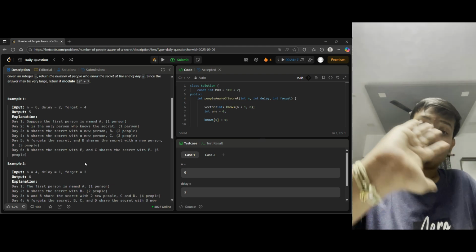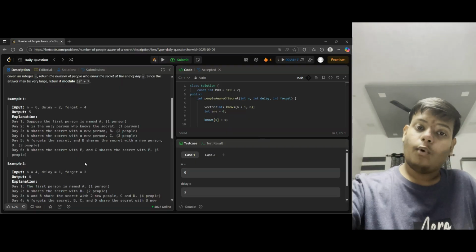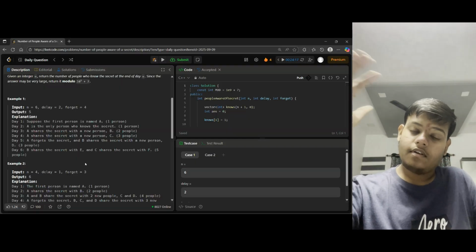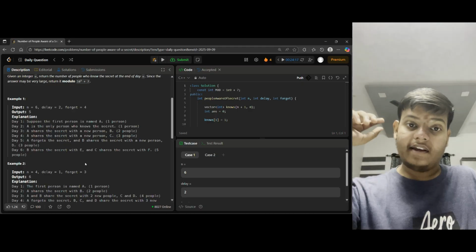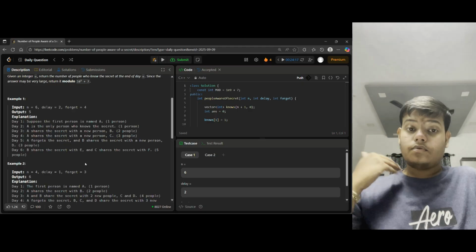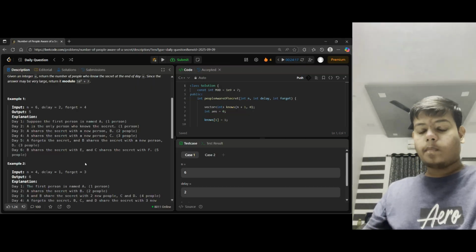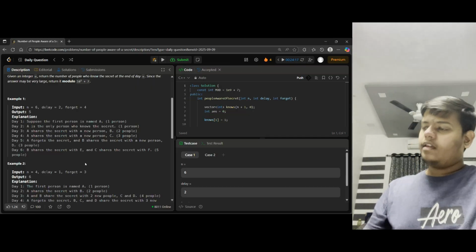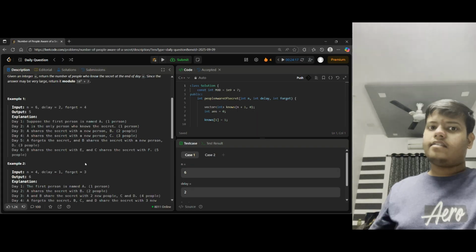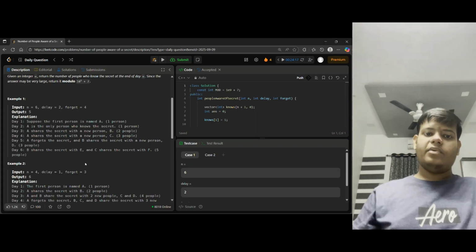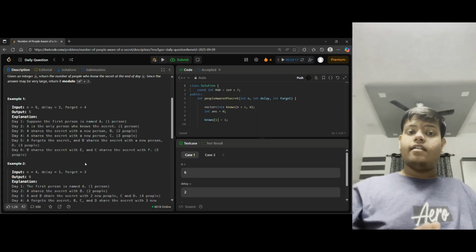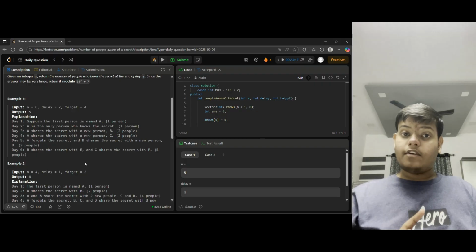After 1 plus delay, on that particular day he starts to spread the secret, and he can continue to spread the secret until day 1 plus forget arrives.